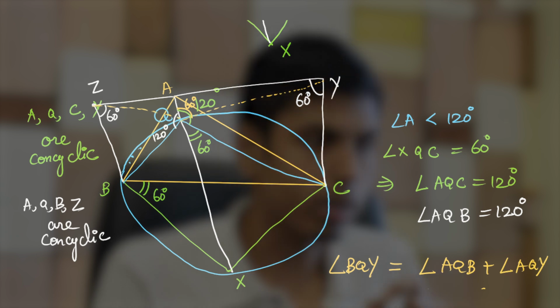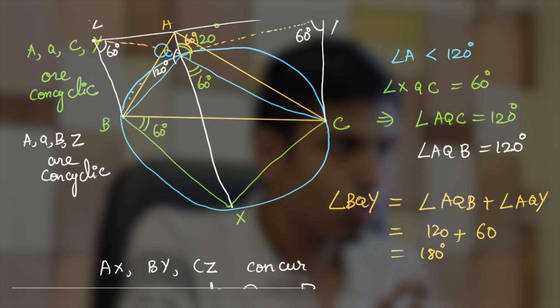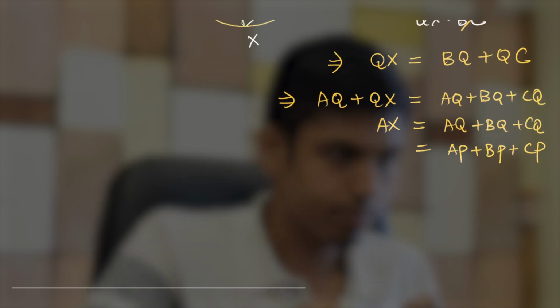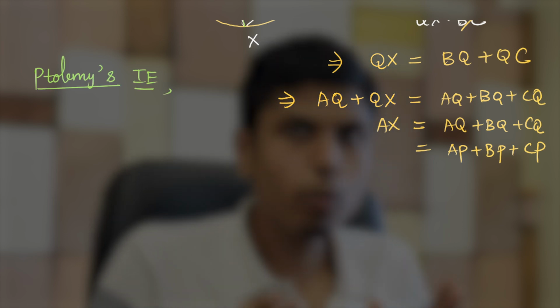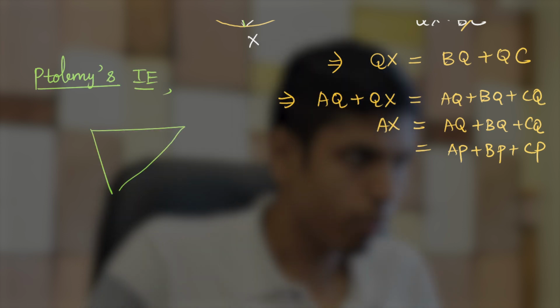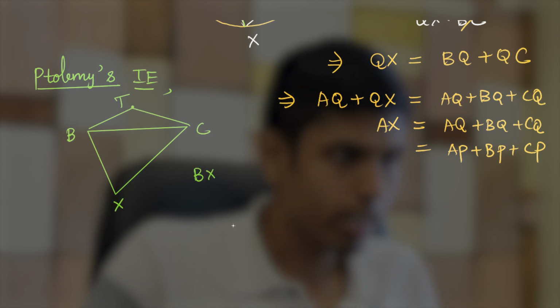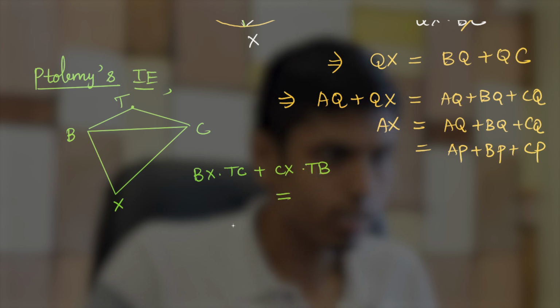Why should this be minimized? It is due to Ptolemy's inequality. So applying Ptolemy's inequality on any point T with the triangle BCX would give us BX into TC plus CX into TB is greater than or equal to TX into BC.